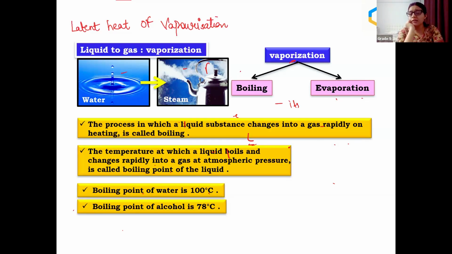We do not need any external temperature in evaporation, but the condition is that only that liquid which is below 100 degrees Celsius can change into vapors without any external temperature. Okay. This is a major difference.